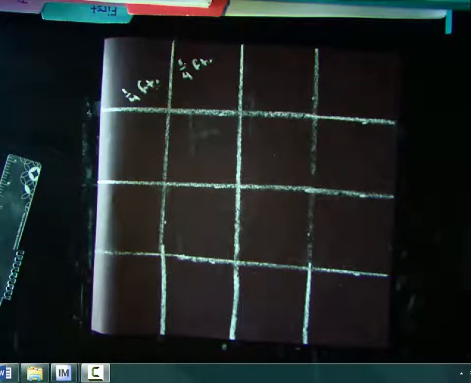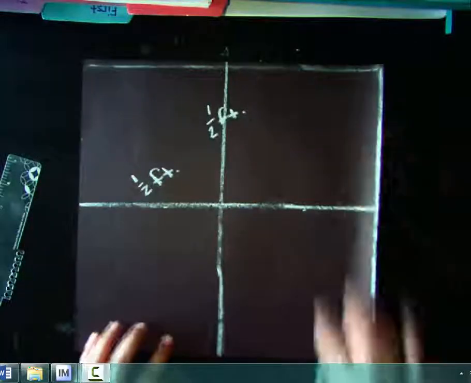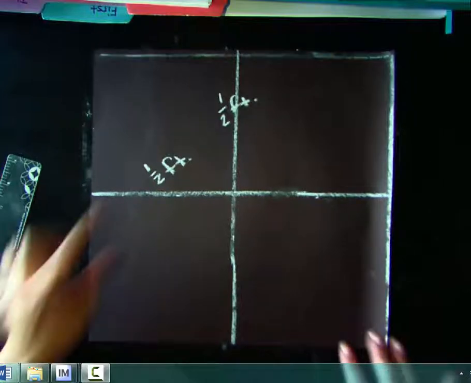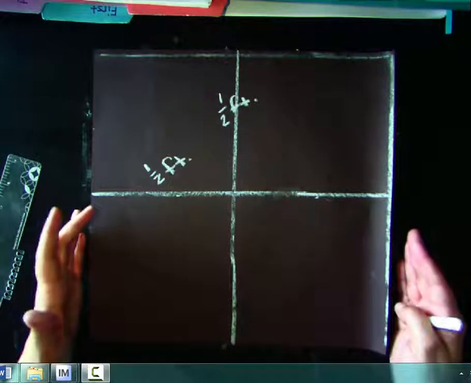So if she had chosen the 1/4 foot by 1/4 foot tile to cover the same amount of floor, it would have taken her 16 tiles. If she chose the 1/2 foot by 1/2 foot, it would have only taken her 4 tiles to cover the same amount of floor.